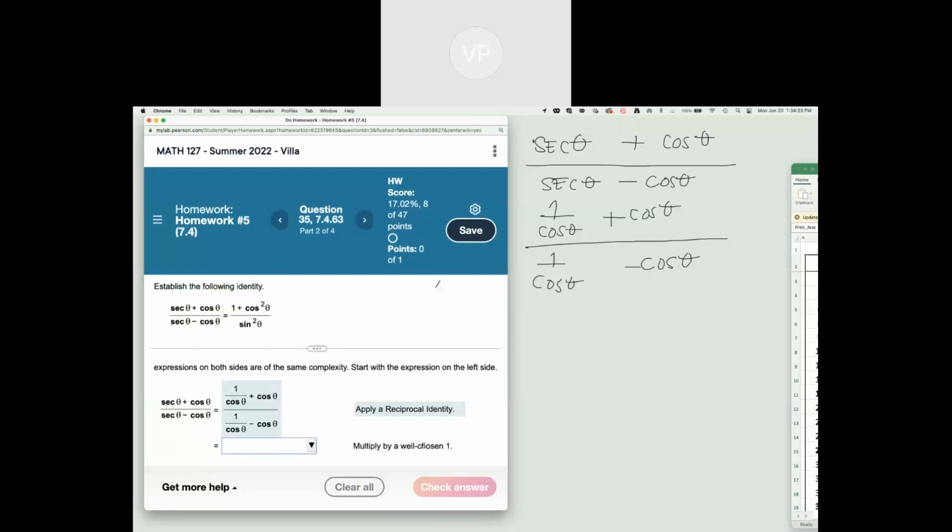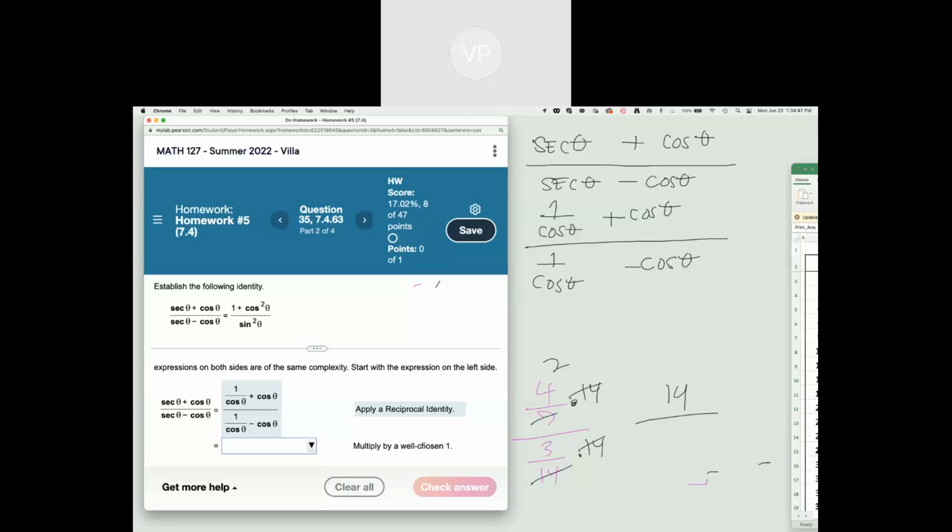Okay, now when they say a well-chosen 1, here's what they're saying. I'll give you a better example here. This does not have anything to do with the problem, but if I have this fraction, I can multiply top and bottom by 14 to make everything cancel.